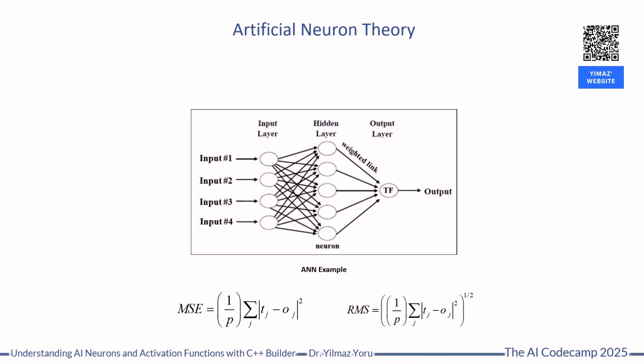When you are training this network, we use the backpropagation algorithm, which goes from the output to the input, and we use the derivative of these activation functions.